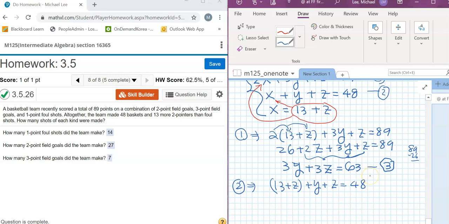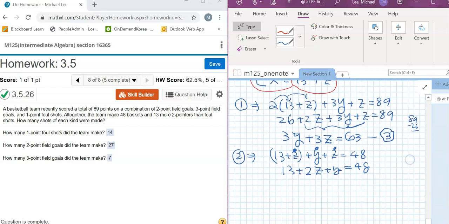So Y plus 2Z equals 48 minus 13, which is 35. I'll call this 4.